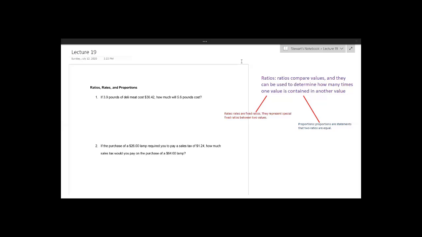Or like, if you've ever been asked before what the better value is, where you think, oh, I'm paying like $3 for 12 ounces of juice. If you're paying $3 for 12 ounces of juice, that'd be 25 cents per ounce.